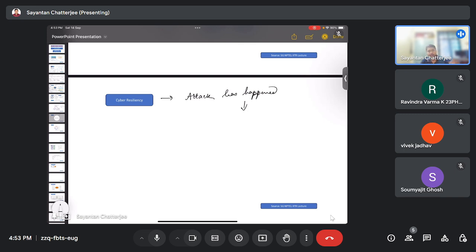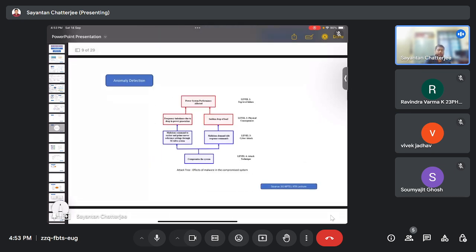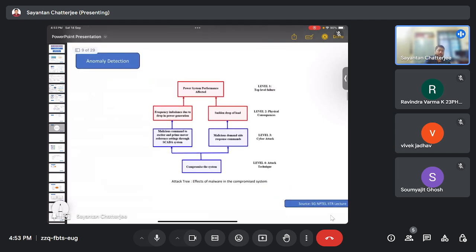That comes under the category of resiliency. So how much preparedness do we have? Based on this, we need to at least have some preparedness. Okay. So one way to get things prepared is anomaly detection.